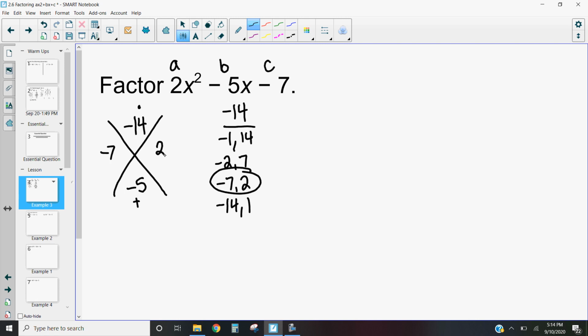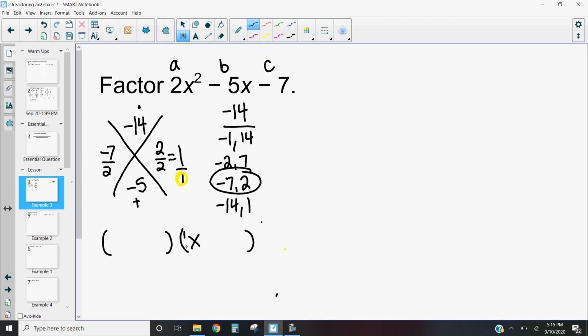Now, this -7 and 2 are enlarged, or multiplied, by that 2. So I want to reduce their size. I want to divide them by that multiple, so I'm going to divide both by 2. Notice how 2 over 2 simplifies down to a 1, but -7 over 2 doesn't. As I'm writing my factored form, I simplify my fraction, and whatever number is on the bottom is what I'm going to multiply by x.